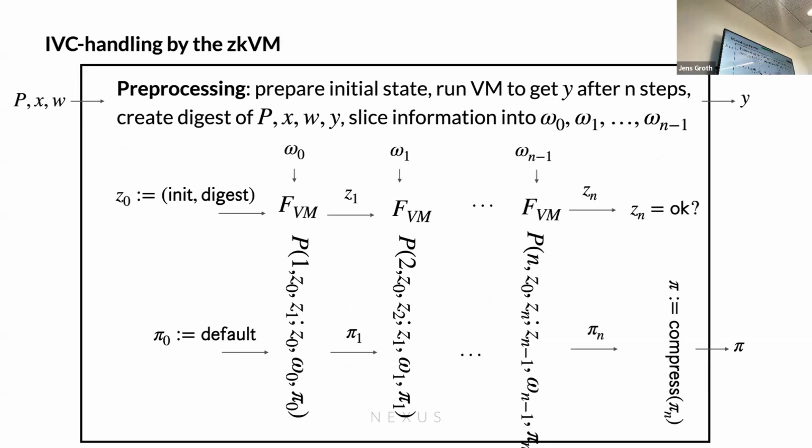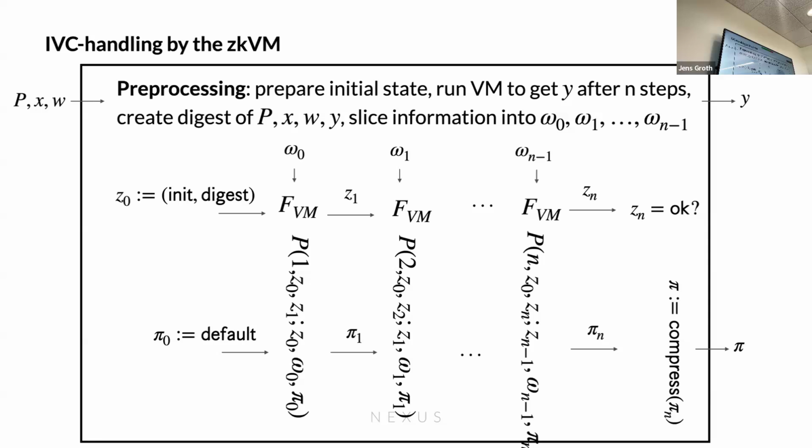Okay, so the way it typically works, there's a bit of massaging of the data to make this work. I'll just quickly explain that. One trick that people often use is that instead of giving the full program and input to the zkVM, maybe you'll just give a hash of those.